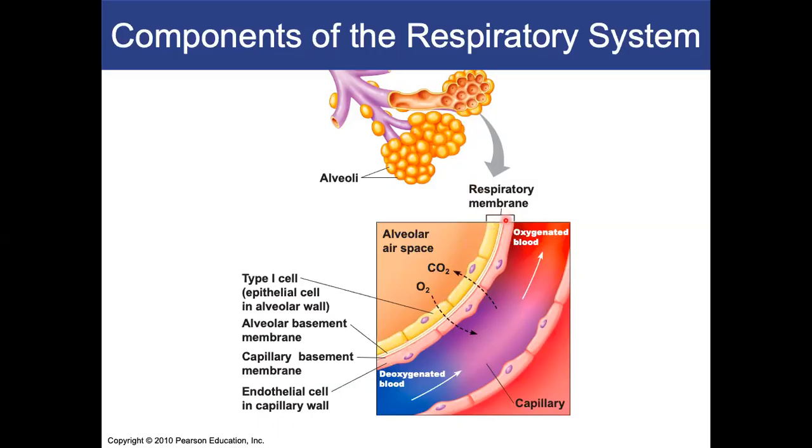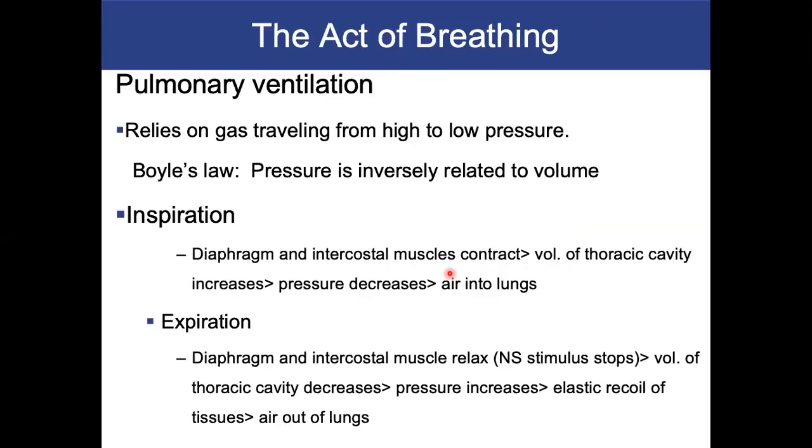This is simple squamous epithelium. And then the capillary is actually simple squamous epithelium, or endothelium. So the oxygen only has to go through 2 layers of cells, and CO2 only has to go through 2 layers of cells.